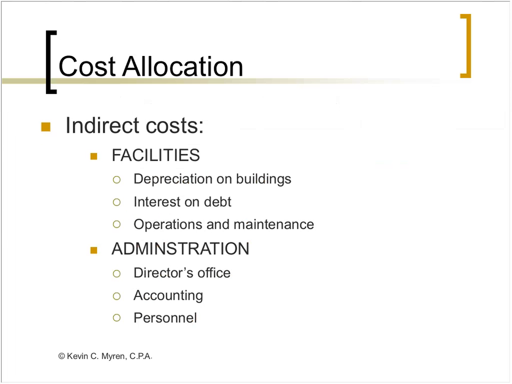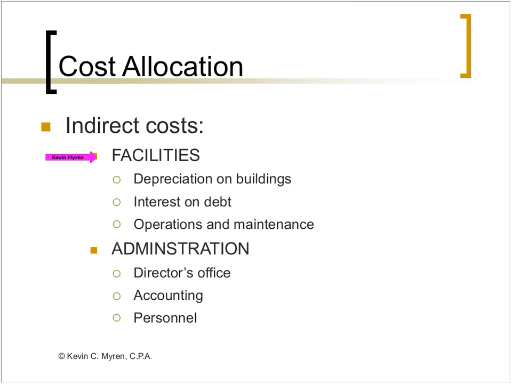Examples of indirect costs might fall into two major categories. Typically, we think of indirect costs as falling into a facilities bucket, which includes such things as depreciation on buildings, interest on debt, and operations and maintenance cost of facilities.